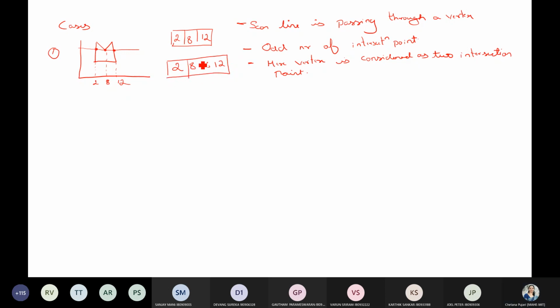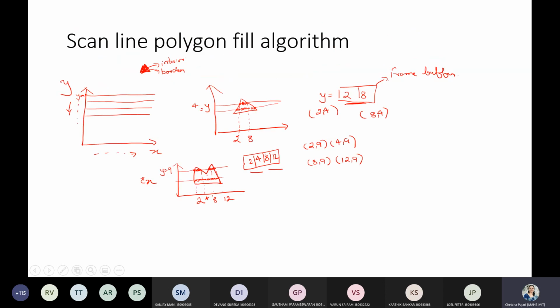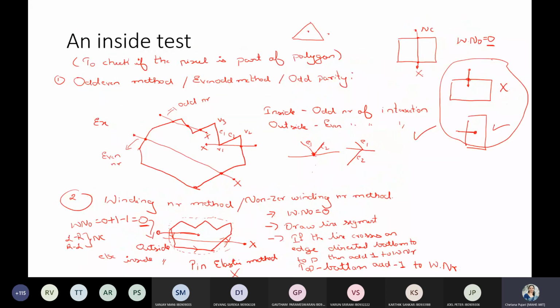Again, why am I considering it as 2 intersection points? I think we have discussed it somewhere here, right? When you are passing through this, we consider it as even, right? Let's say even is 2, so this is considered as 2. Even plus 1 is odd, hence you said it is inside. So you consider it as even when the edges are on the same side with respect to your scan line.